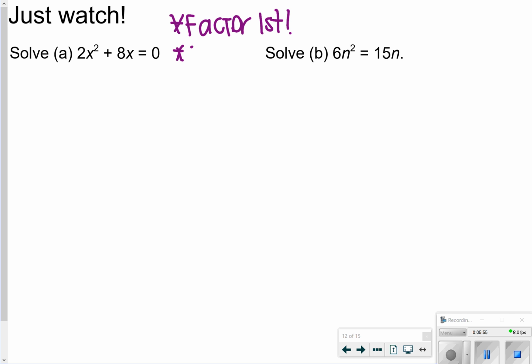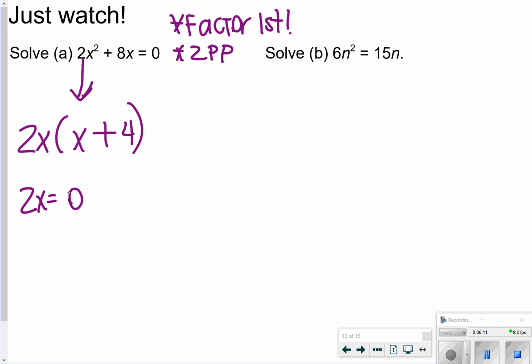I'm just going to write ZPP for zero product property. So for letter A on this page, I'm going to factor out a 2x, so that I get x + 4. And then I can go ahead and solve that. I would just set both factors equal to 0. x is equal to 0, and x is equal to -4.